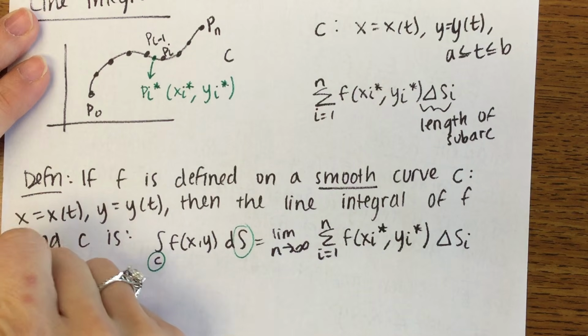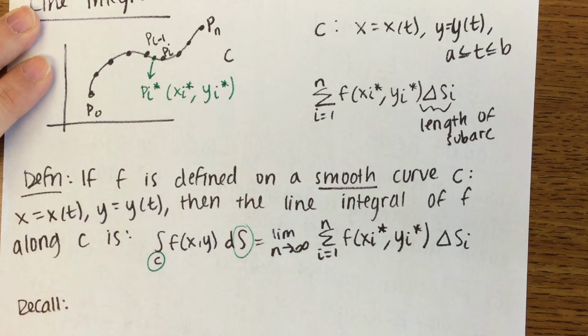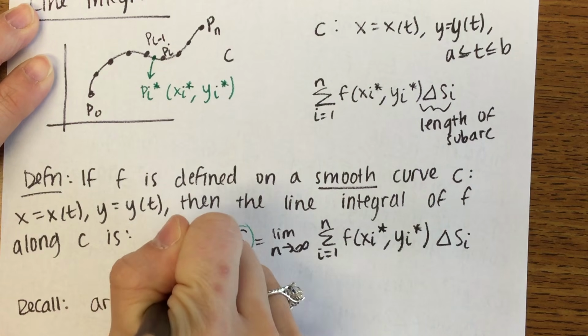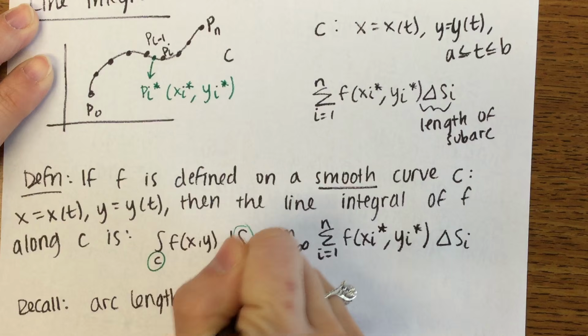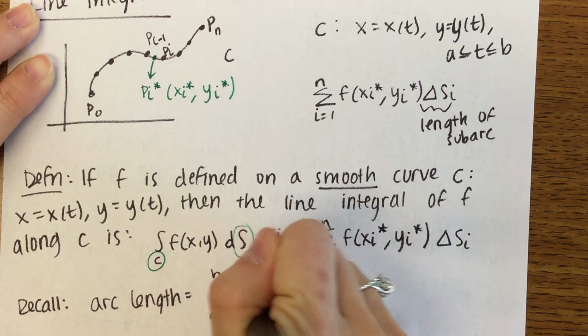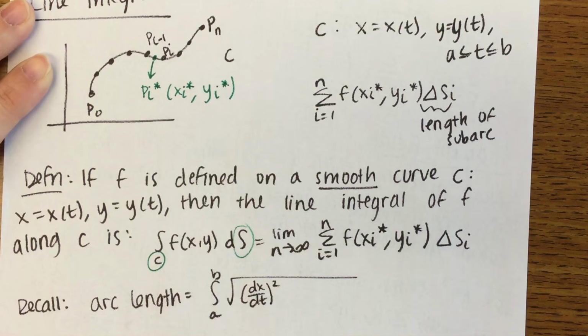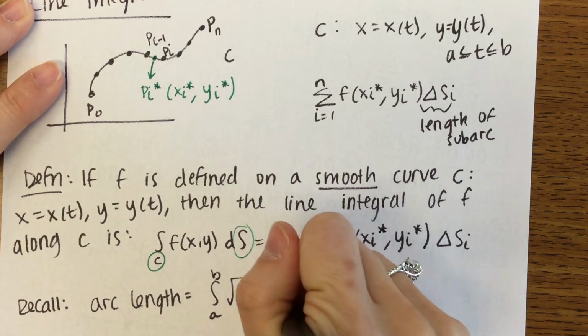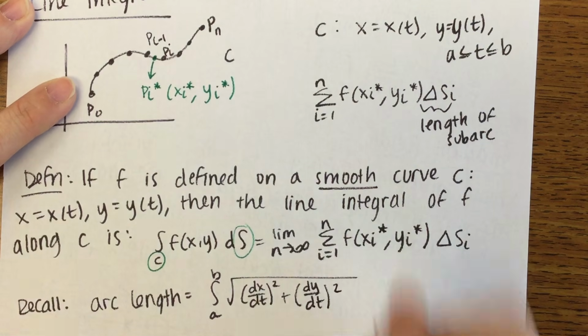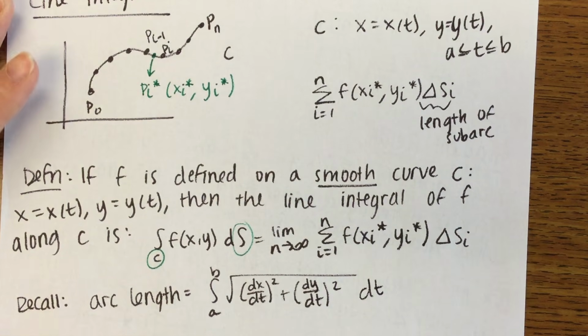Okay. One thing to recall is the formula for arc length. It's the integral from a to b of the square root of the derivative of x with respect to t squared plus the derivative of y with respect to t squared, dt.